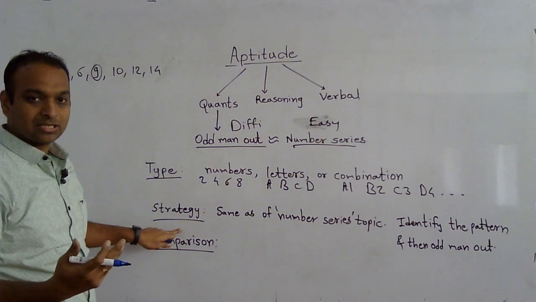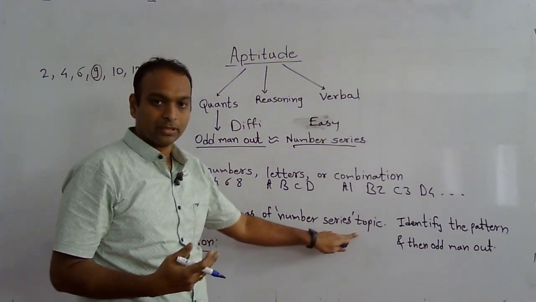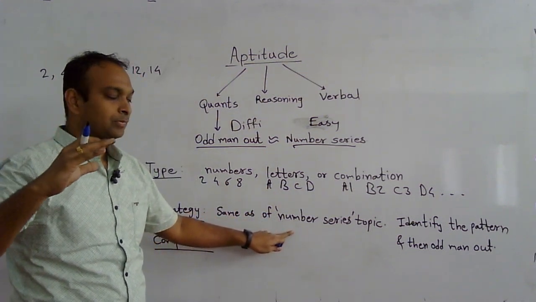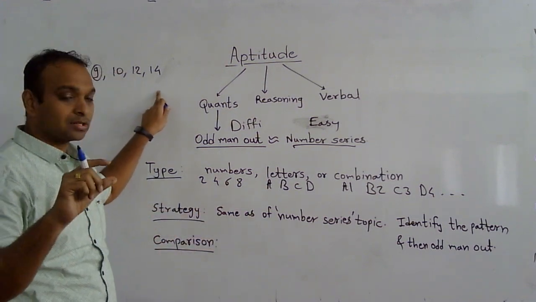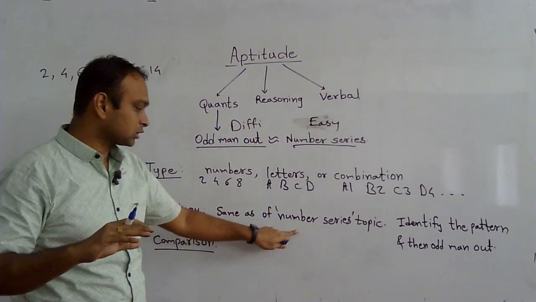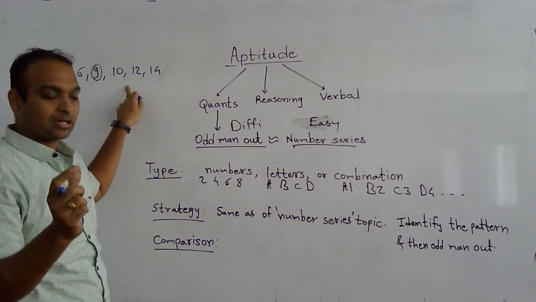Talking about strategy, it could be the same as in the number series topic. If you remember, first we check whether the numbers given are prime numbers or not. If not, then check the differences between the terms.